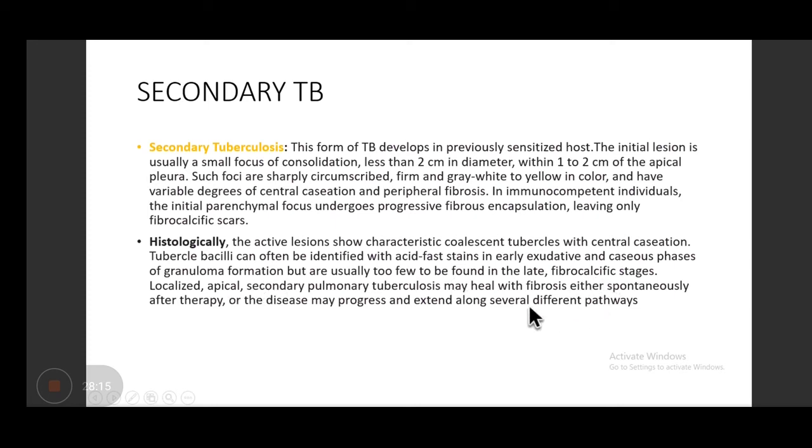If fibrosis and calcification have occurred, you may or may not find granulomas. Localized apical secondary pulmonary tuberculosis may heal with fibrosis either spontaneously or after therapy, or the disease may progress and extend along several different pathways. You can even have disseminated tuberculosis, miliary pulmonary disease, which we'll discuss later, right?